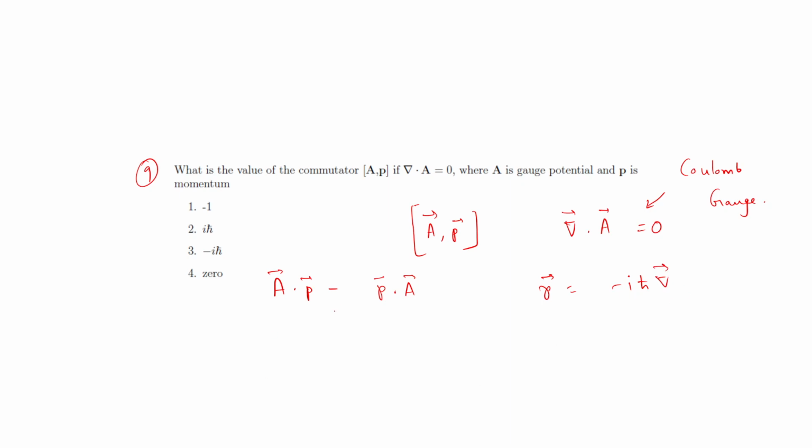Since this is an operator, we have to check how this quantity operates on some scalar function psi of R, and see how it behaves. So let us do A dot P of psi of R.